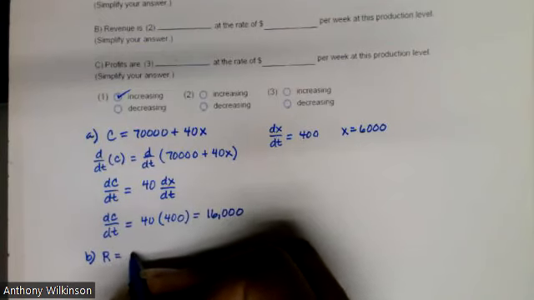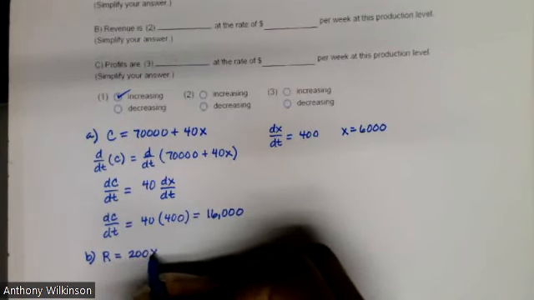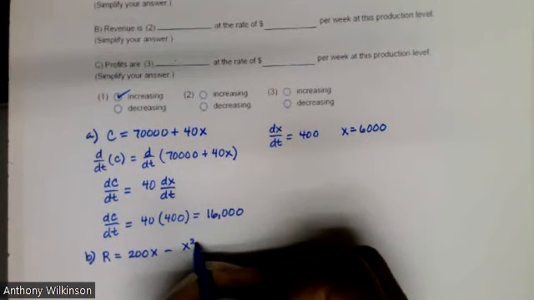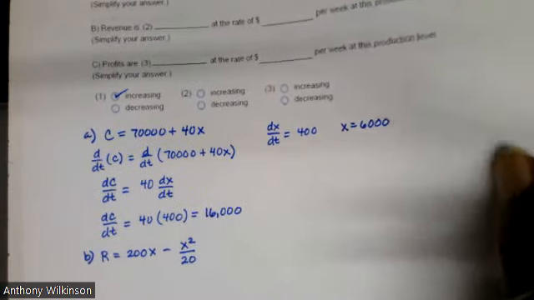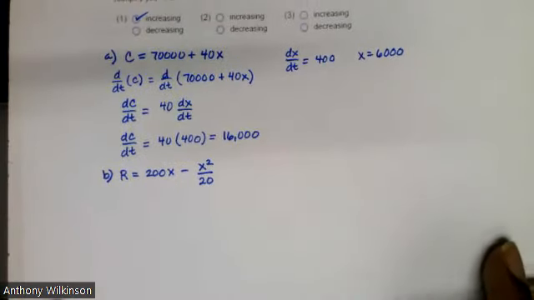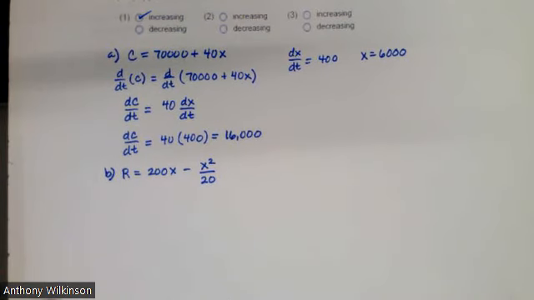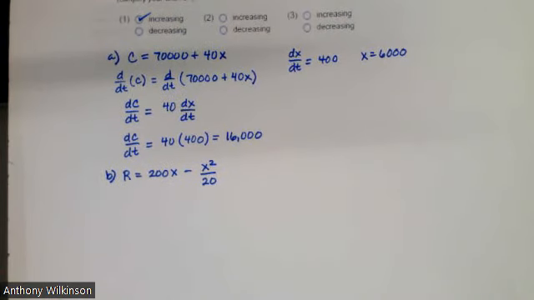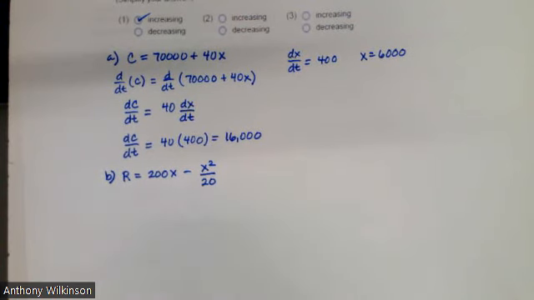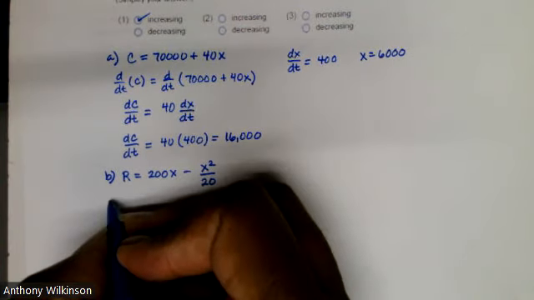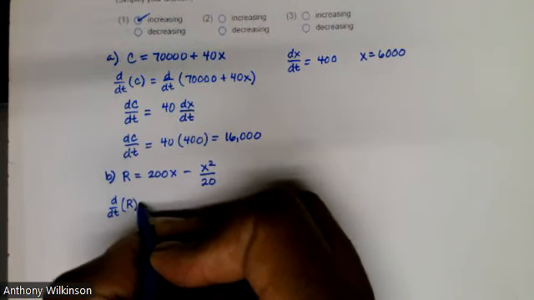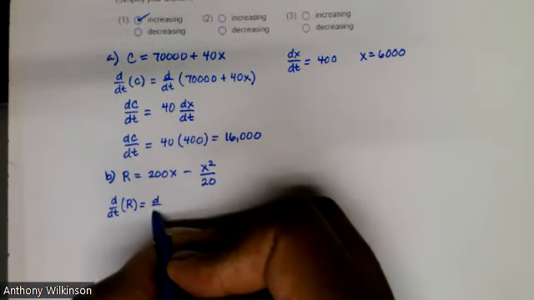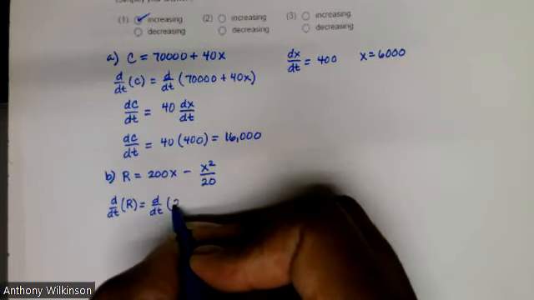R is equal to 200x minus x squared over 20. So here we're going to take the derivative with respect to time of R on the left side and the derivative with respect to time on the right side.